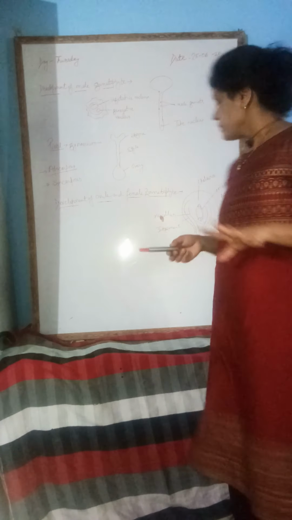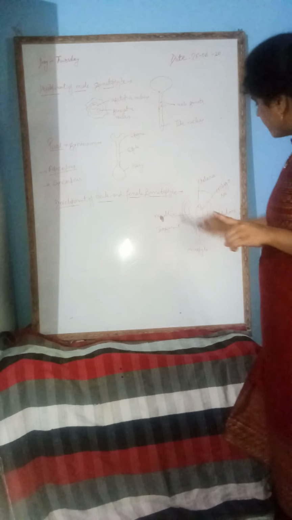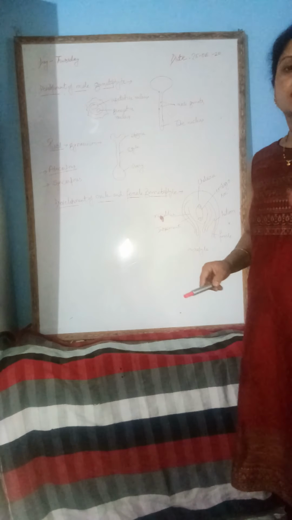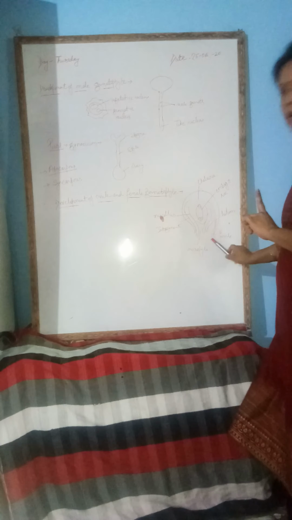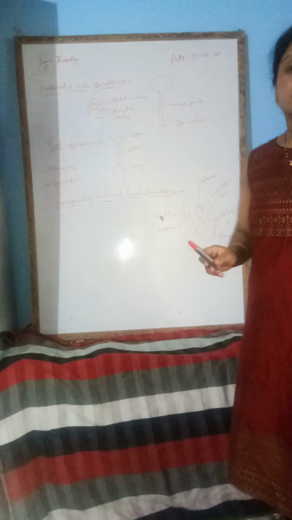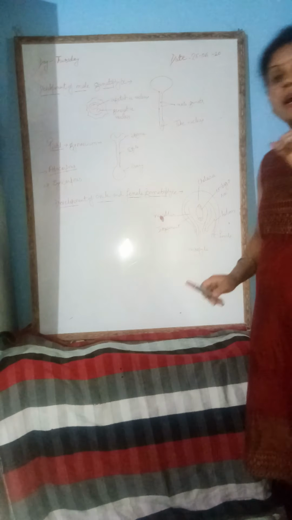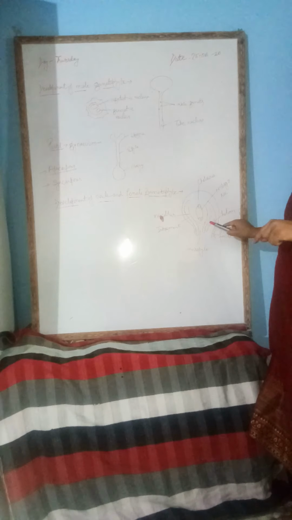The placenta connects to the embryo, and the stalk between the placenta and the embryo is called funicle. The attachment point of funicle to the ovule is called hilum.